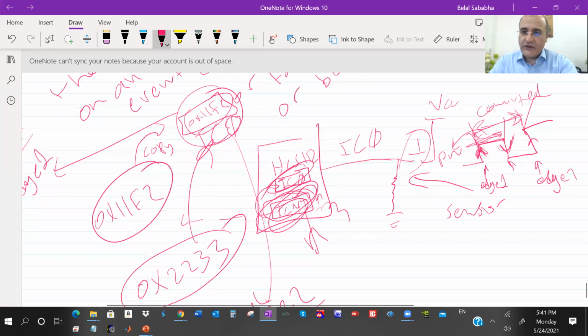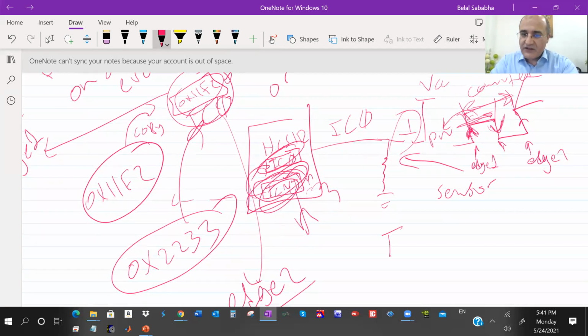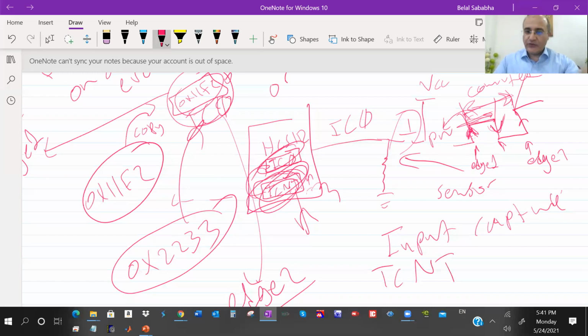Okay, so this is the meaning of input capture. Input capture means capturing the free running counter, the TCNT, capturing its value at a certain point in time when an event happens on an external pin, and saving an instant of that counter in an input capture register to use it for measuring time, to understand when an event happened.